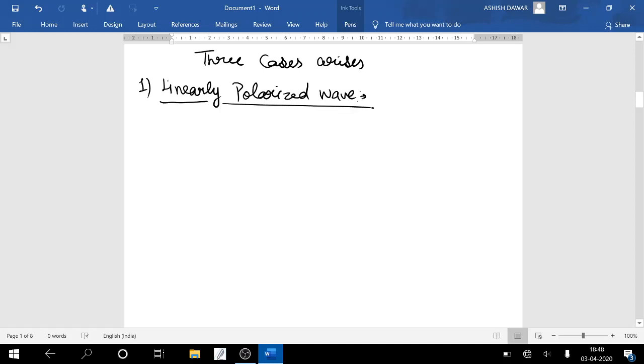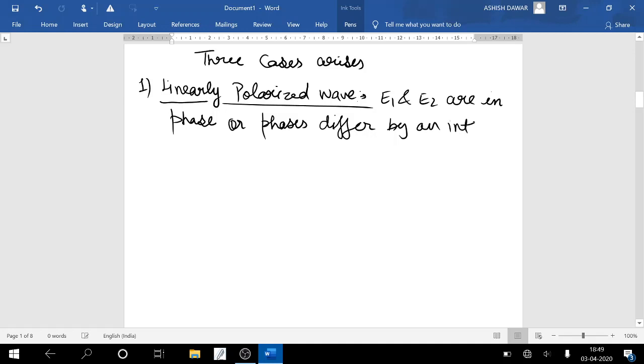In case of a linearly polarized wave, the vectors E1 and E2 are in phase, or their phase differs by an integral multiple of pi.